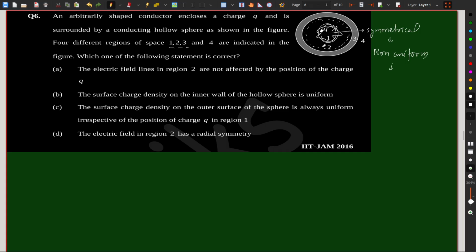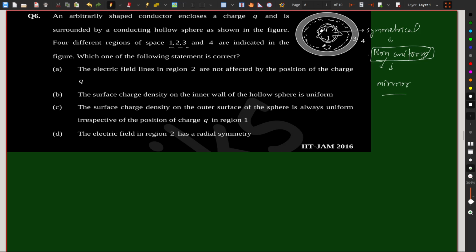And because in the inner layer the charge is produced due to this electric field, the induction of charge will mirror this electric field.